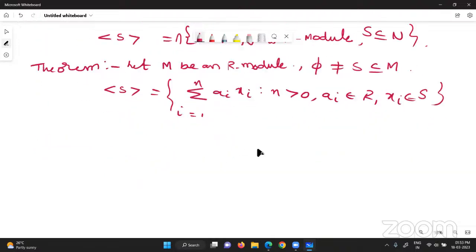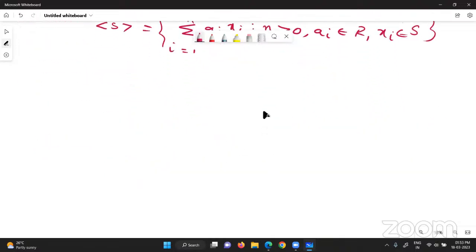So today we will focus on all the definitions which we are going to use in coming theorems.